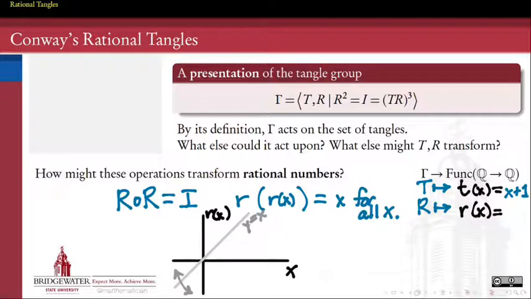So r of x equals x fits this description, but other stuff might too. What's another example? Negative x. So there's a candidate. That's a graph that's symmetric about the axis, and that's a non-trivial function. So let's have that as one of our possibilities. Can you think of others?